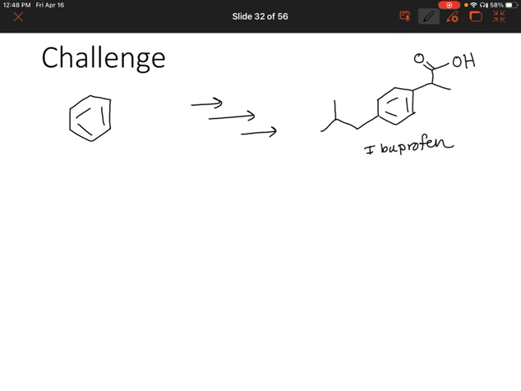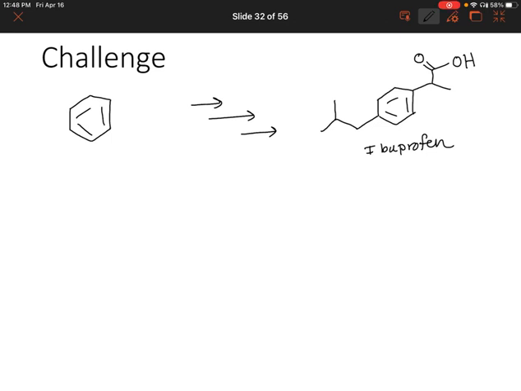All right, so going through this synthesis is very challenging. That's, I guess, why I labeled it a challenge. But the first thing I'm noticing is the carboxylic acid group is on an alkyl group. So those are kind of two separate things.